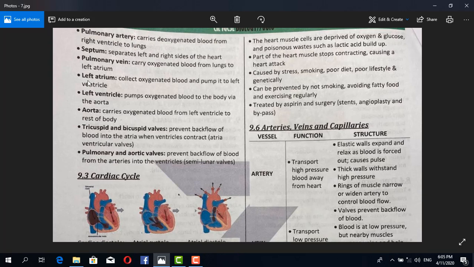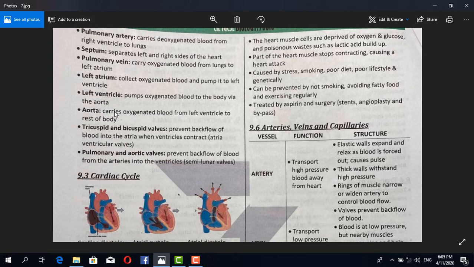As for the left atrium, which is on our right side, it collects the oxygenated blood and pumps it to the left ventricle, because the atrium is the chamber, or the part on the top, so it carries the blood to the part at the bottom, which we call the left ventricle. Then the left ventricle pumps the oxygenated blood to the body via the aorta, which is over here on the top.